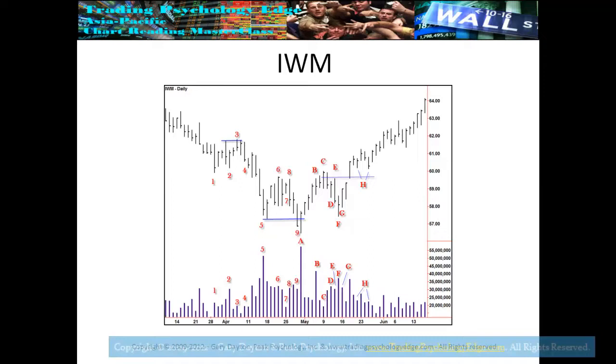So with that being said, let's get into IWM here. This is a daily chart of IWM. IWM is the exchange traded fund for the Russell 2000 index. Often in the symbology of futures, it might be TF.